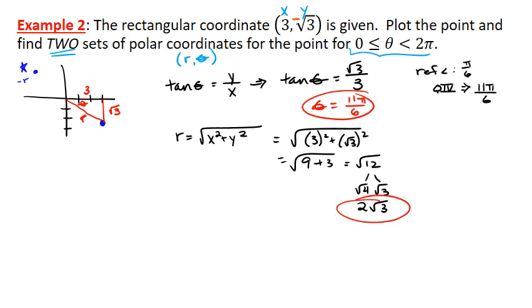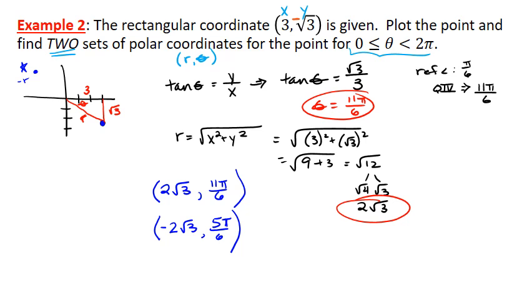So the easy angle in polar coordinate form is already found for us, or not found for us, but already circled in red. So one of our coordinates is 2 root 3 comma 11 pi over 6. Okay, well, another one could be written as negative 2 root 3 comma 5 pi over 6.